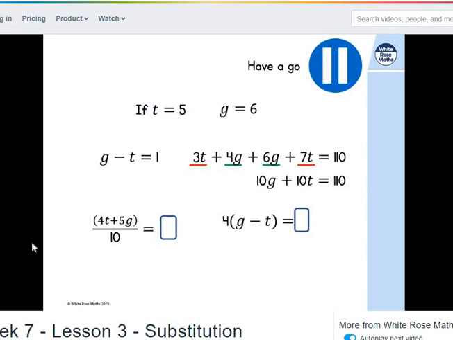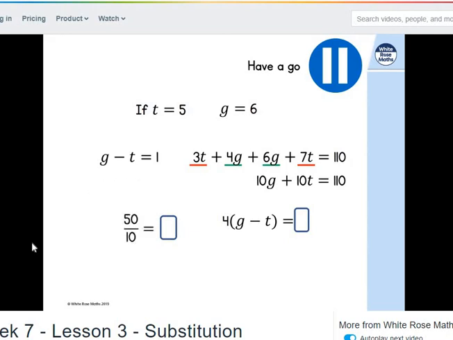Well, the next one. In brackets, I've got 4T plus 5G over 10. So then, 4T plus 5G. Well, let's have a look at that equation. 4T, or 4 times 5 is 20. 5 times G, or 5 times 6 is 30. So together that would be 50.